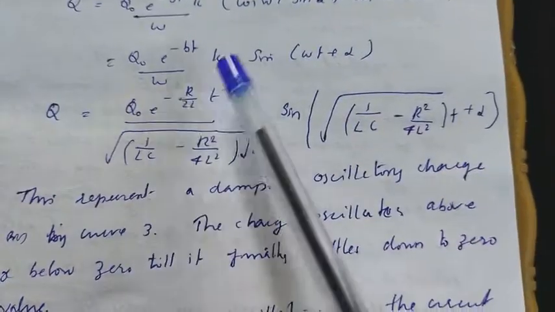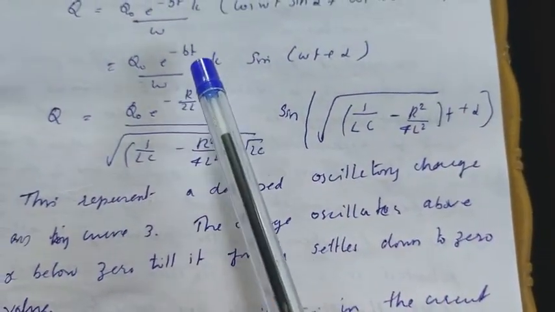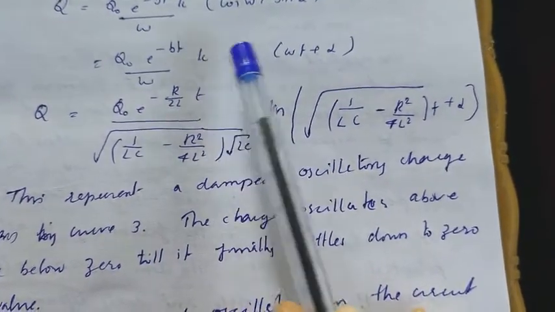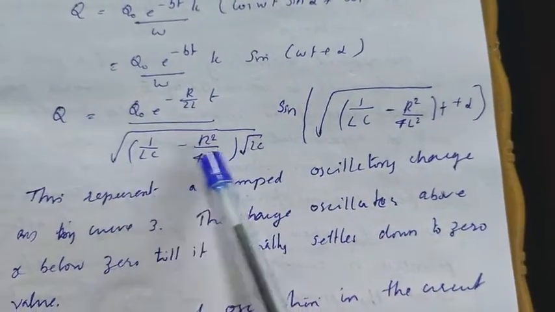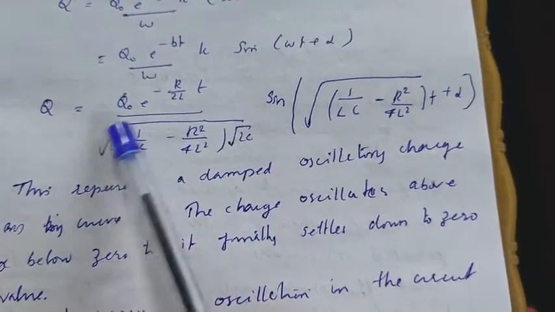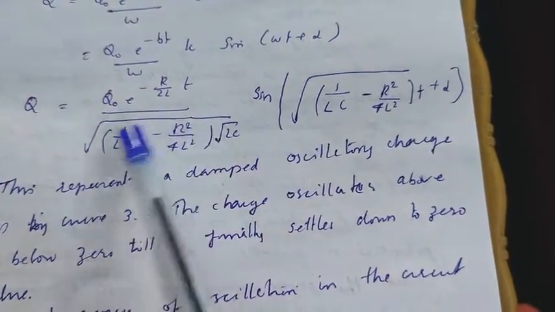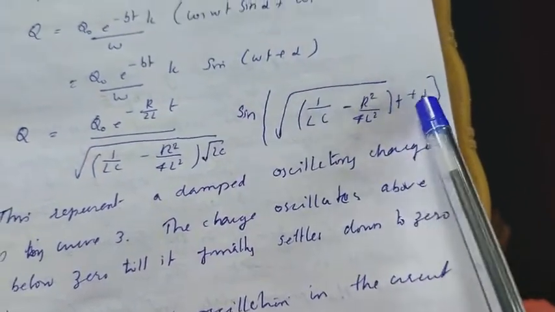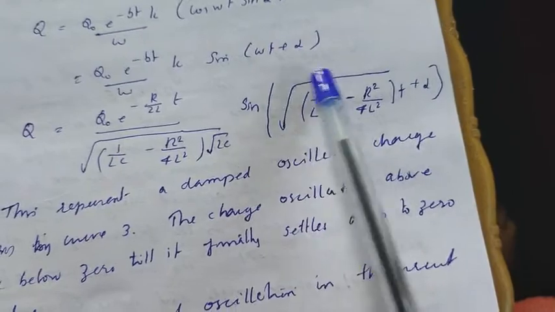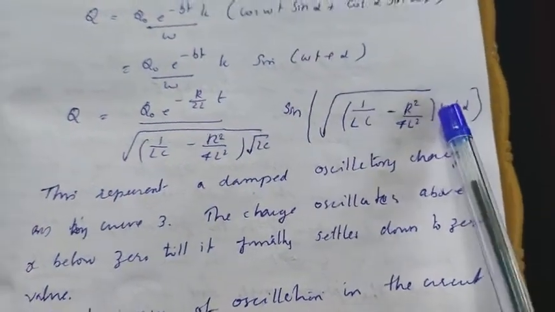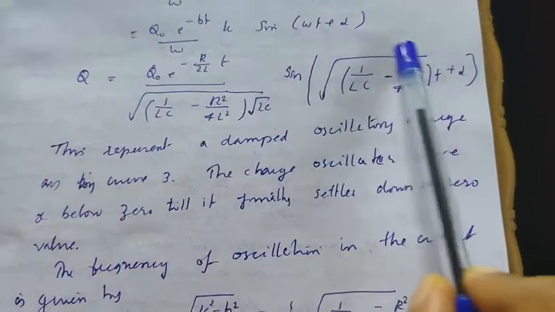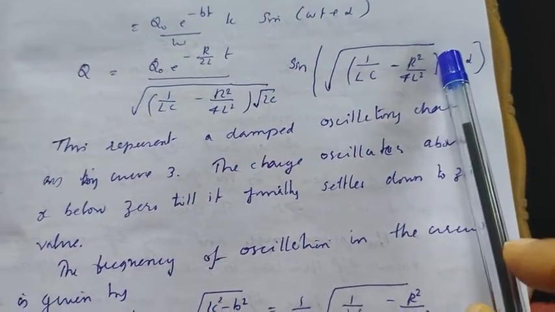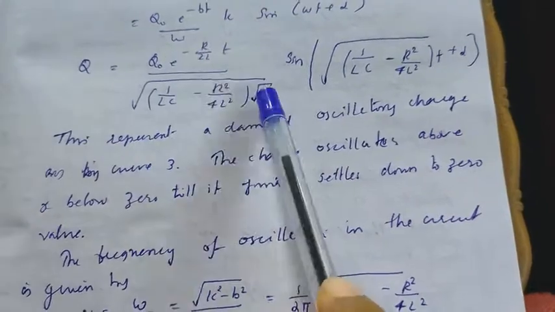That is, we substitute the value of b, that is r by 2l, the value of k, 1 by root LC, and the value of omega, square root of k square minus b square, in sin of omega t plus alpha. So we get a lengthy equation like this, that is the charge at any instant t in the circuit during discharge.